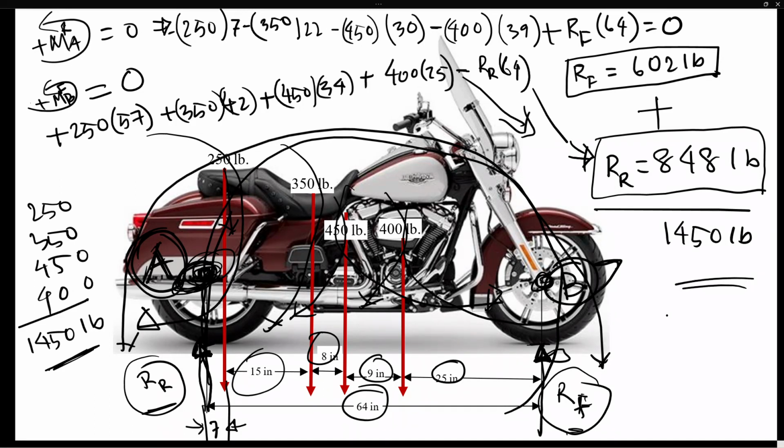So to summarize, to calculate the reaction force after you draw the free body diagram in any situation, the first thing, you take moments at one of the reaction forces to cancel that particular reaction force, and then you get the reaction for the other one, and you take moment at the next reaction point, that will give you the other one.